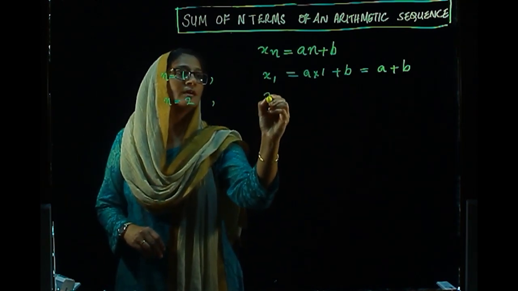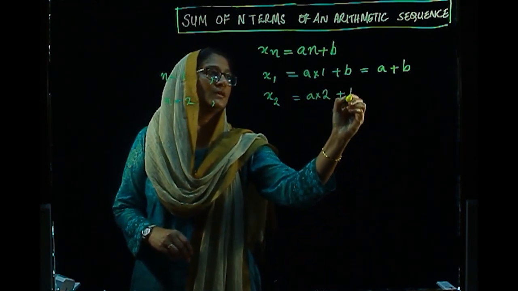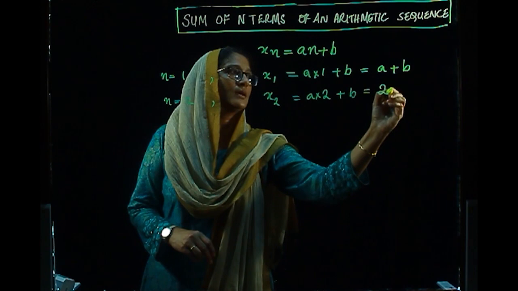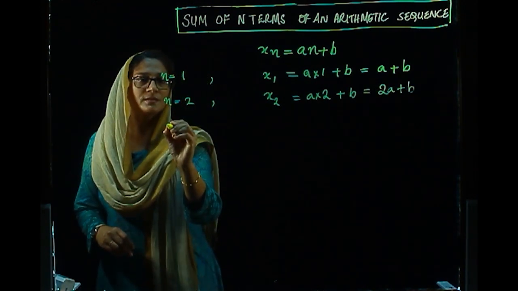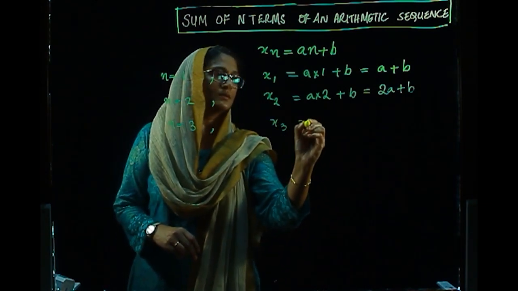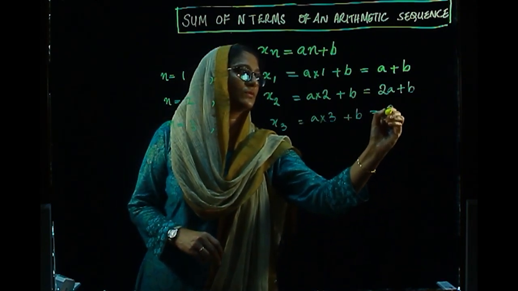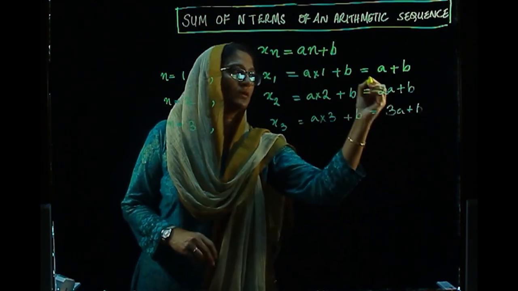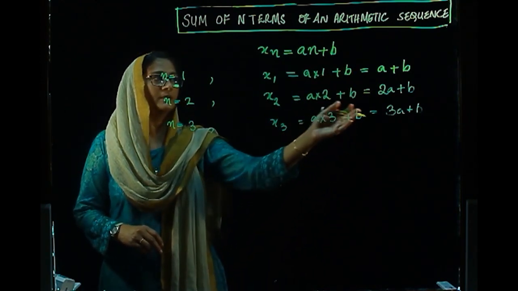We have x2 is equal to a into 2 plus b, which gives us 2a plus b. Let us try one more, n is equal to 3. We have x3, that is a multiplied by 3 plus b, which is equal to 3a plus b. Now you have got an idea of how the terms will go on: a plus b, 2a plus b, 3a plus b, like that.